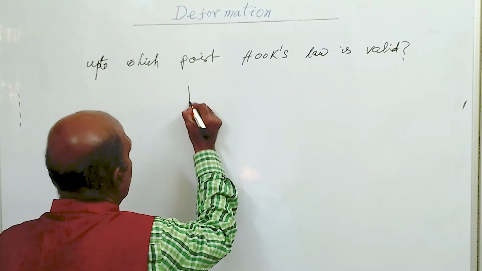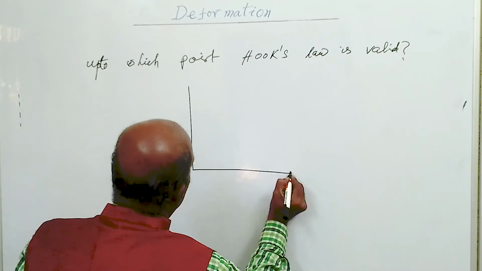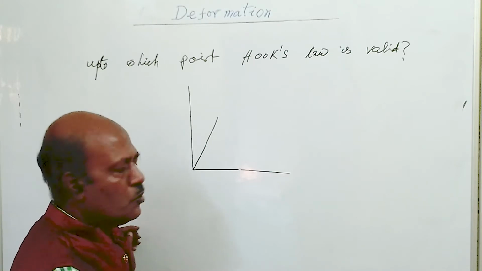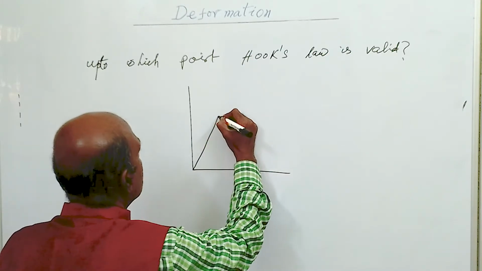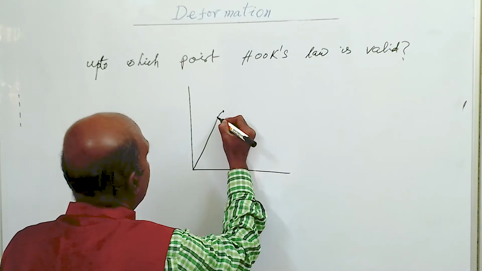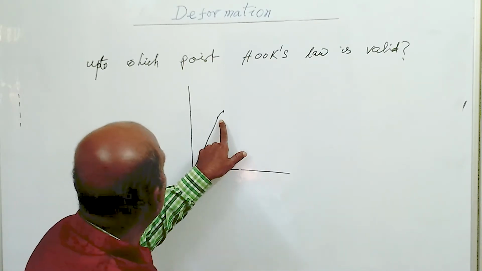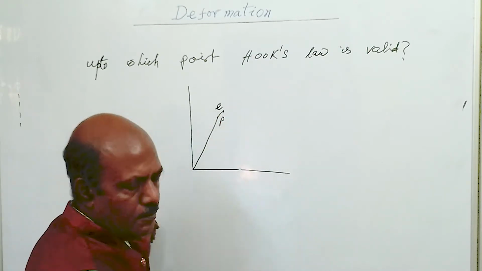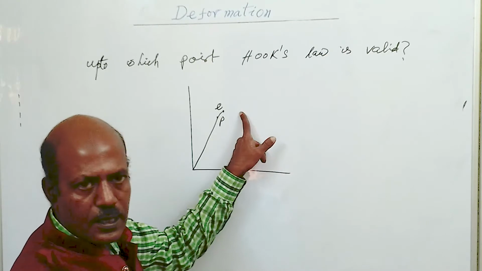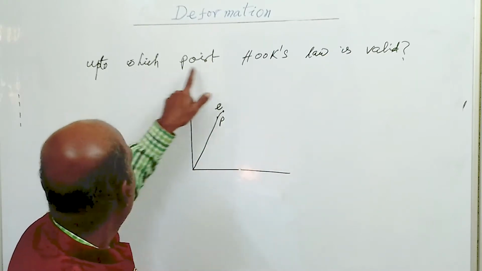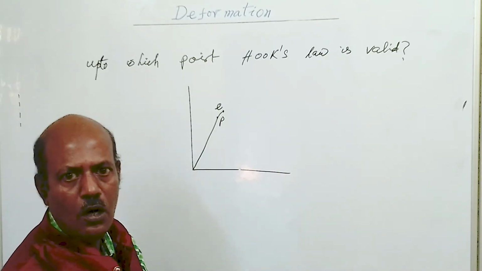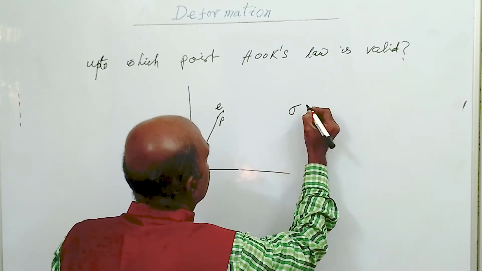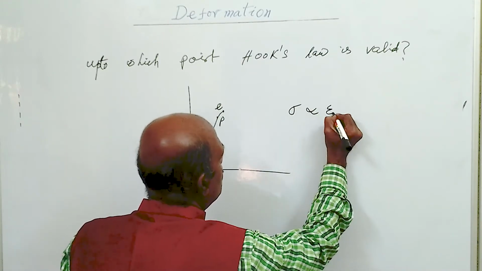In this stress strain diagram, the first part is the straight line. This point is the proportional limit, and this point is the elastic limit. Now the body is fully elastic up to point E, but as per the definition of Hooke's law, within elastic limit, stress is directly proportional to strain.